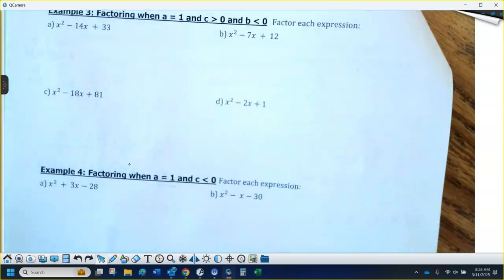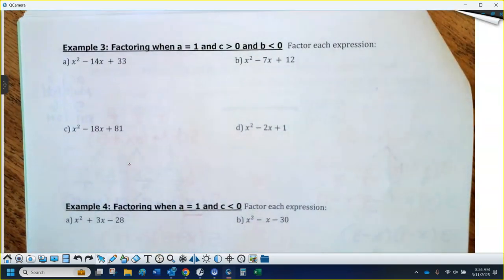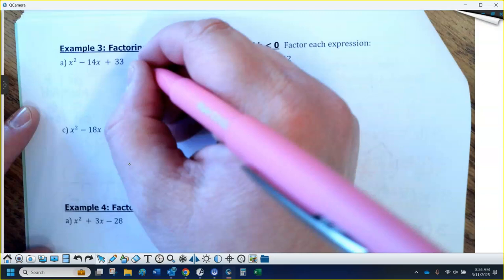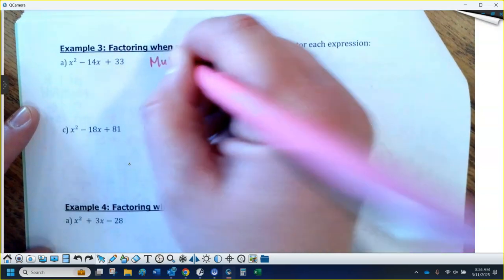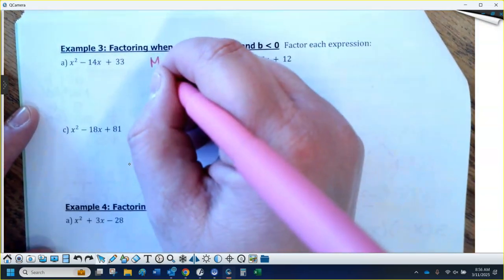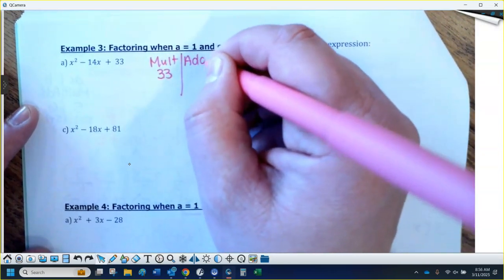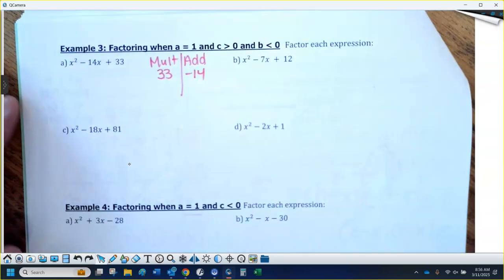Okay, now the second example, the a value is 1 on all of these. These are tricky though, because the way this is set up, the middle term is negative and the term on the end is positive. So these all have to have two negative factors. All right, so on this first one, I'm going to multiply to get positive 33, but I'm going to add to get negative 14.